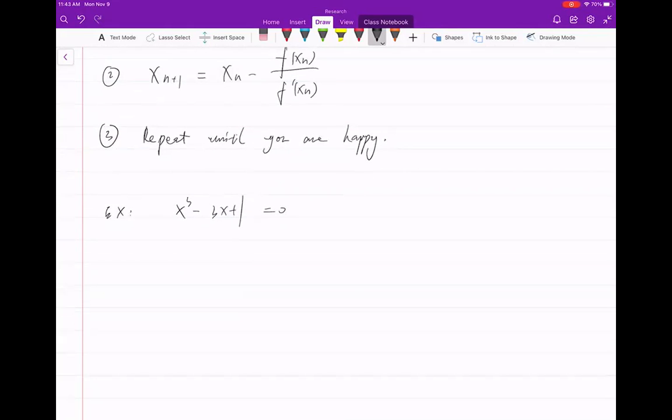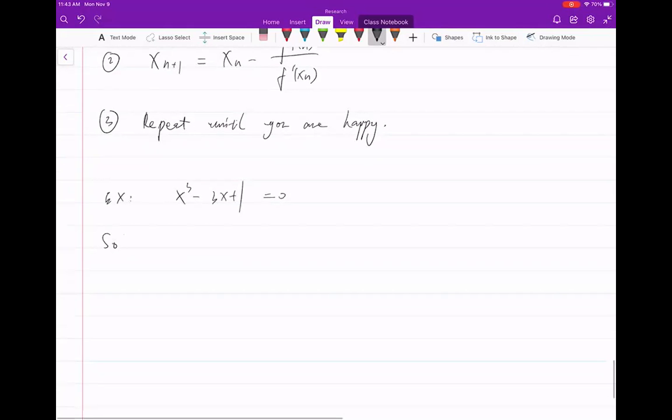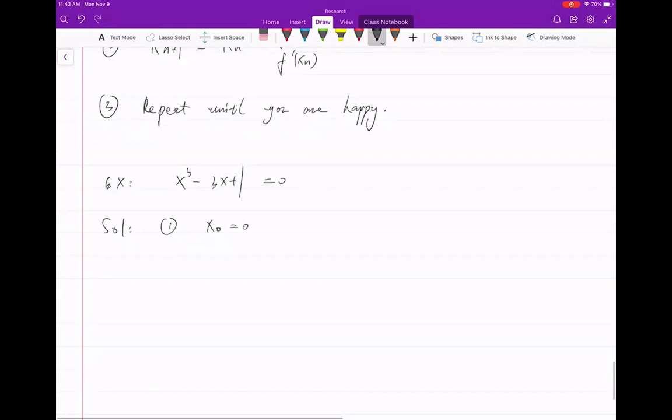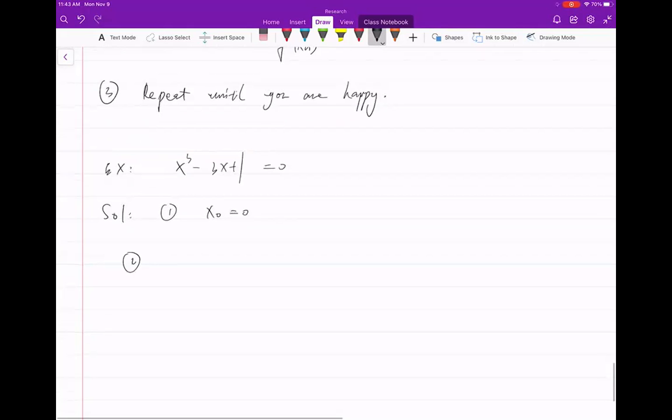Okay, let's solve it using Newton's method. Step 1, pick an initial value. Any preference? If not, let's pick it to be 0. It's easy to compute. Don't do 72. 72 is a disaster. Okay, so number 2, x(n+1) equals this.